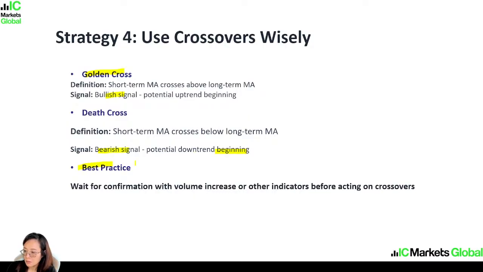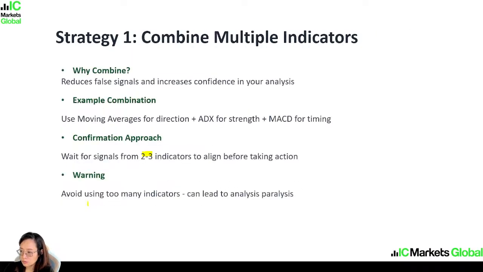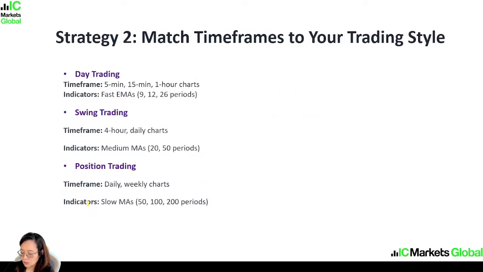Okay, bad practices. They say to wait for confirmation with a volume increase or another indicator before acting on a crossover. To me, a crossover gives me a slow entry. That's why, if you attend the price action, I think you just have to wait for confirmation, which is price action.